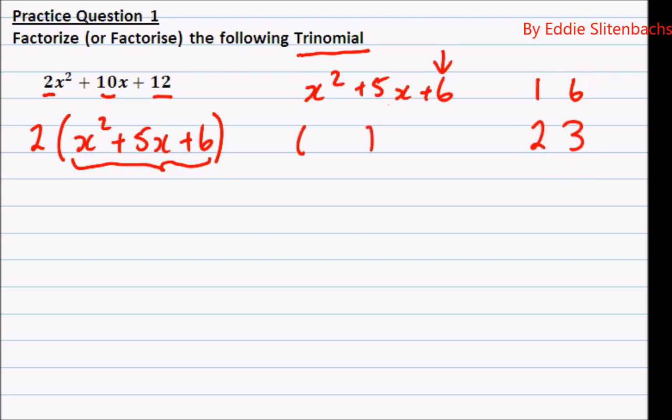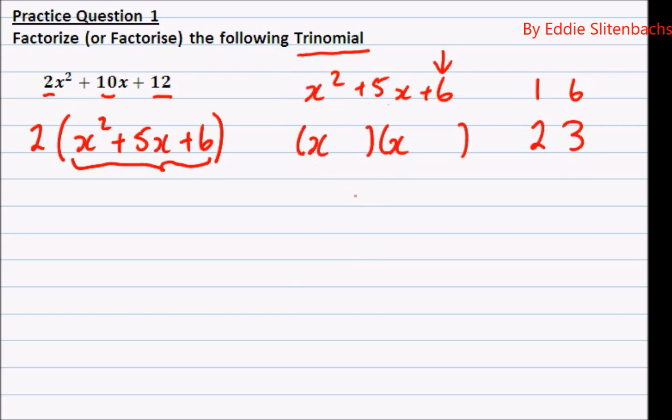So now when we're doing factorization of trinomials, it means get it into 2 brackets. So x and x is always going to be our first terms, because x times x gives us our x squared. It's going back to using FOIL or multiplying out our brackets.